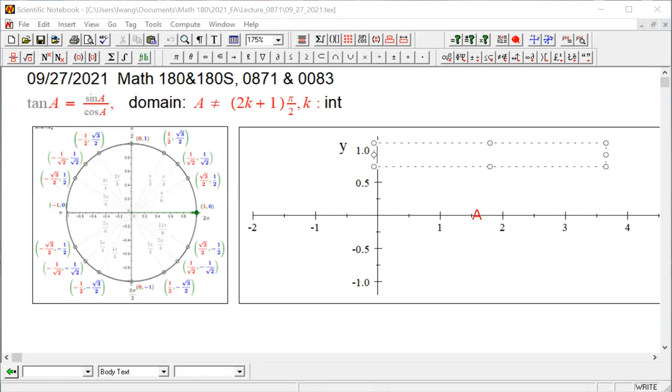The output will be the tangent ratio. The horizontal is still the arc length of that angle on the unit circle, and the ratio this time is the tangent ratio, which is sine over cosine. Sine is a blue number, cosine is a red number. So it's a blue number divided by the red number, isn't it? You guys follow me?